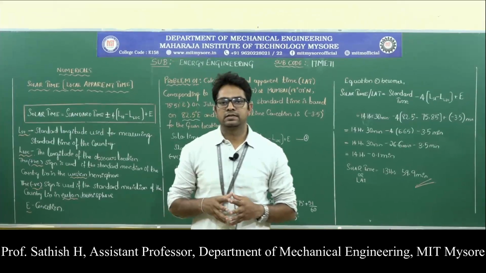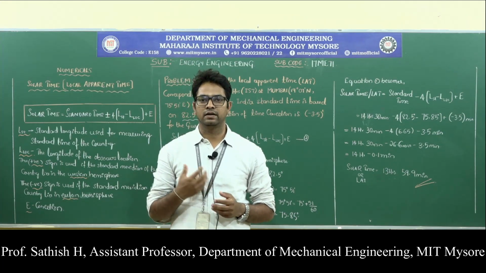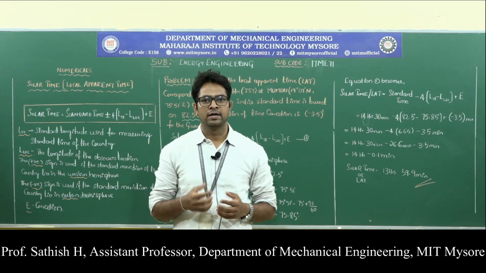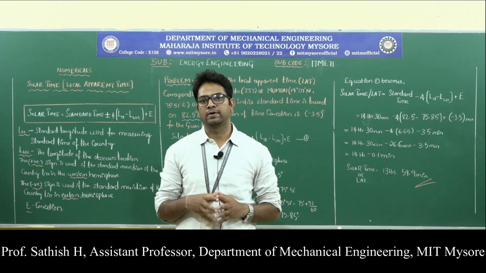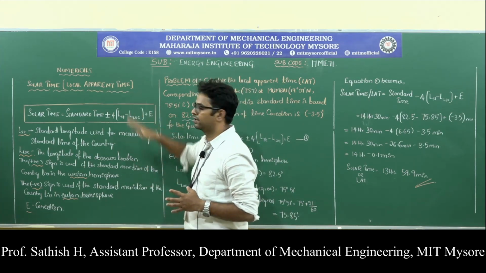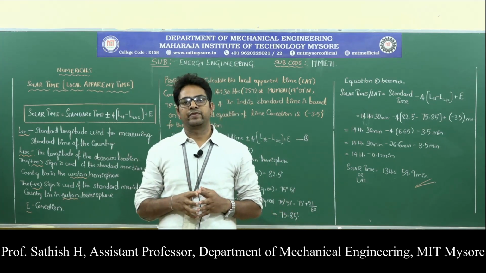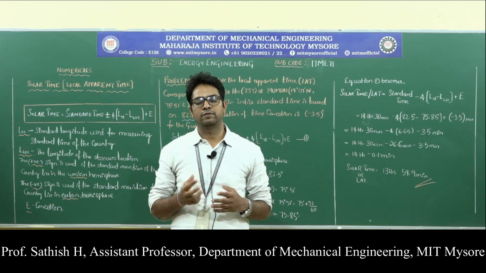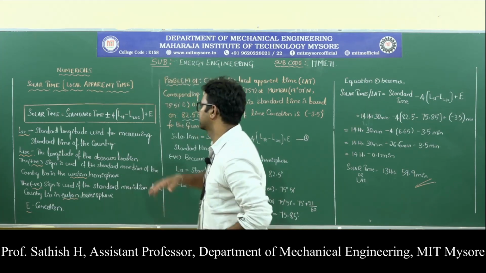Let us discuss the last topic for this session, that is based on numericals. In order to solve the numericals related to solar power energy, the numericals are based on the local apparent time, which is also called the solar time. The equation that we are going to use to find the local apparent time or the solar time is as given here.